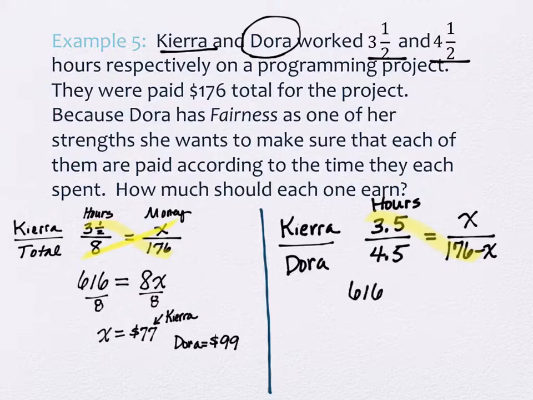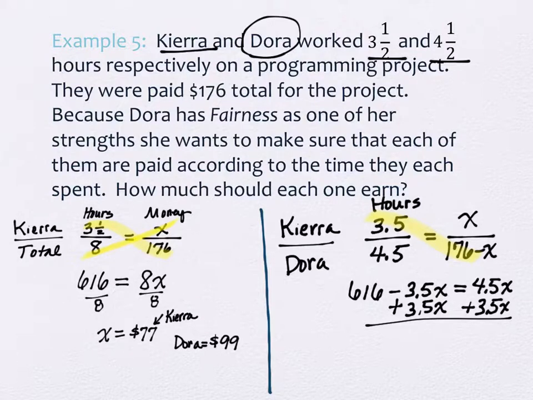So when I have my 616, a very common mistake a student might make is just put minus x, but it's really minus 3.5x because the 3.5 has to be multiplied there as well. The other diagonal is the 4.5x. And when you add the 4.5x to the, I'm sorry, I didn't want that. I wanted to add the 3.5x to the 4.5x.